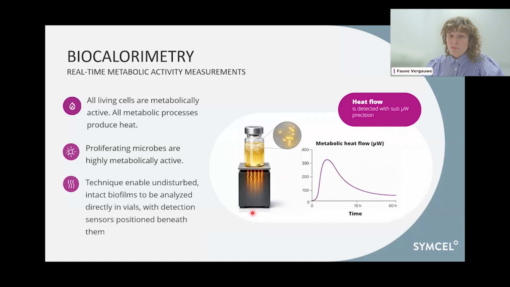So the heat that we will measure at that point, it's directly proportional to the metabolic activity of your sample. And this also means that we can actually use this to study intact biofilms directly within the vials without having to disturb them. So because we measure the total heat production, we can even capture the metabolism that's going on deep inside the biofilm.